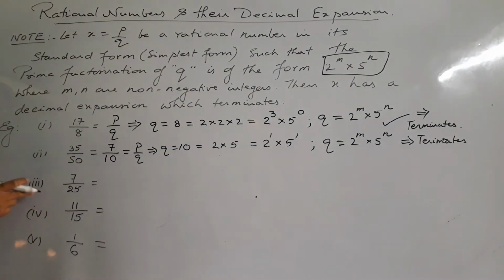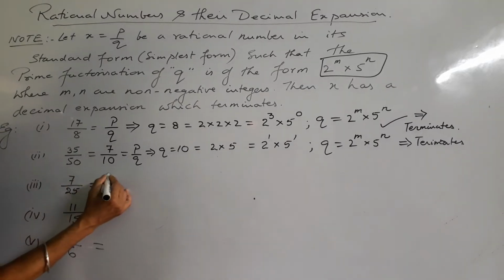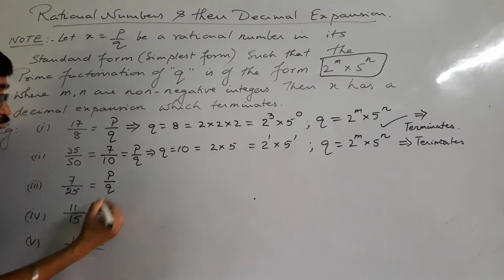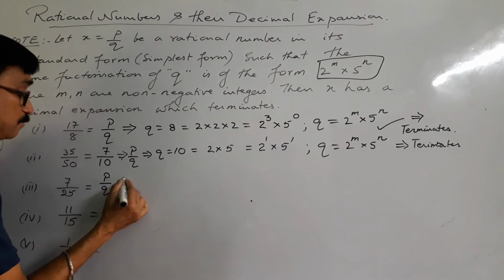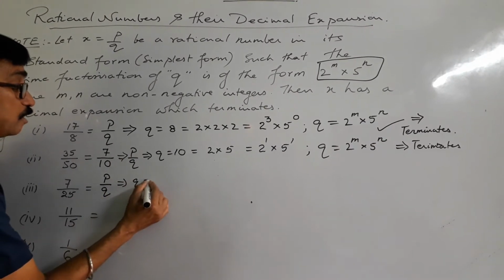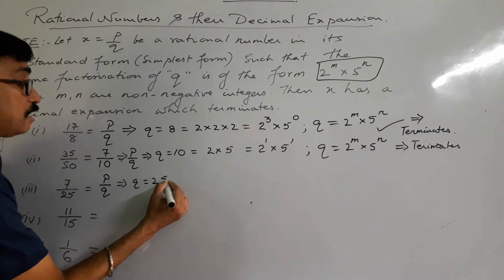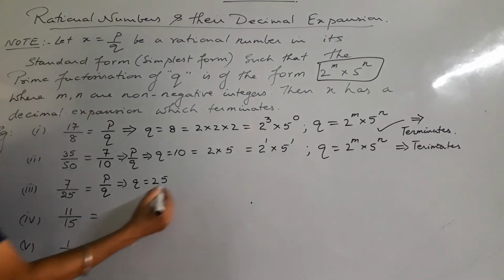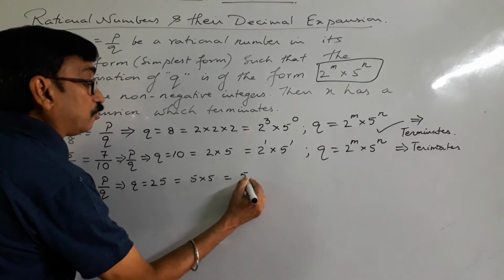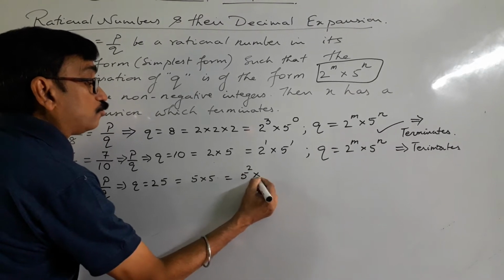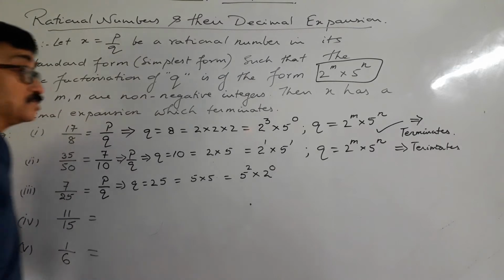Now we come to the next example, 7 by 25, which is in the standard form, so p by q. So here our q is 25, and 25 can be written as 5 into 5, which contains only 5 to the power 2 into 2 to the power 0.